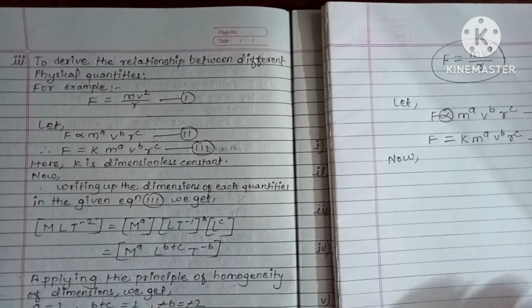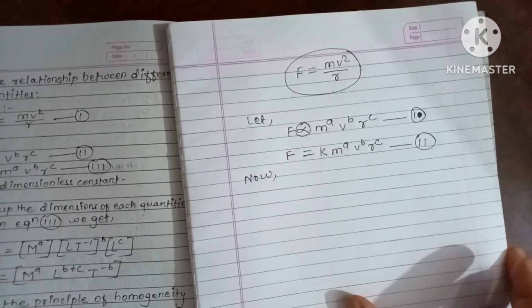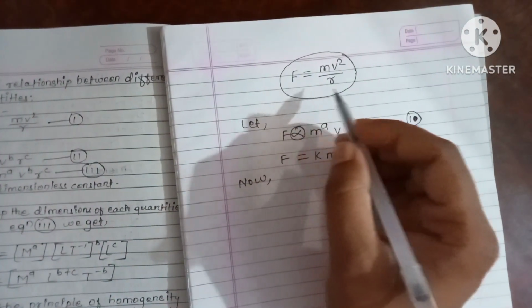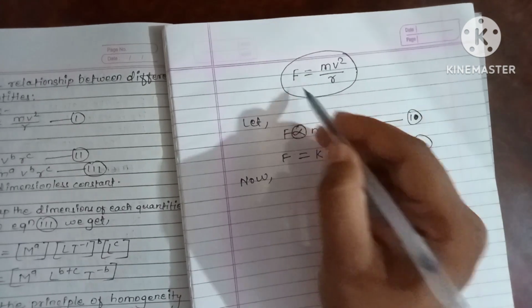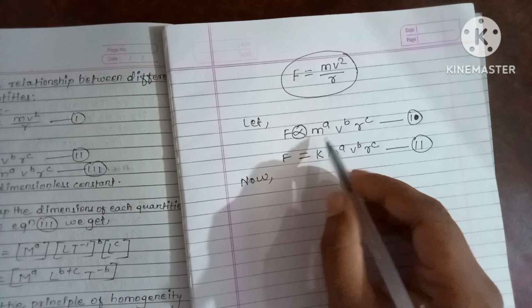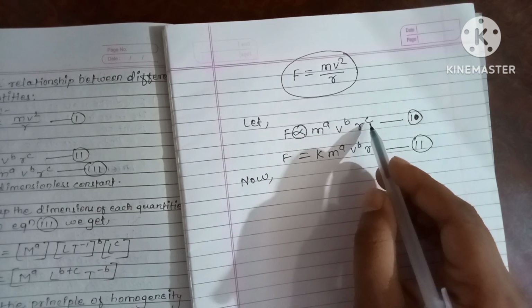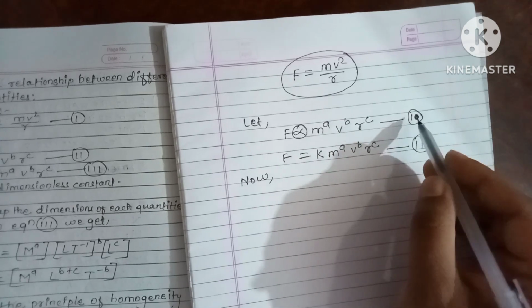So here, let's see in rough. We have one equation here of centripetal force. We are going to derive this today. So let F be directly proportional to m to the power a, v to the power b, and r to the power c. Let this be equation 1.